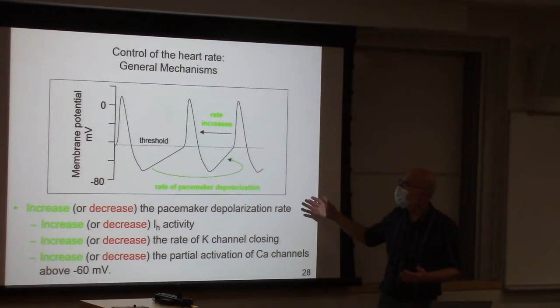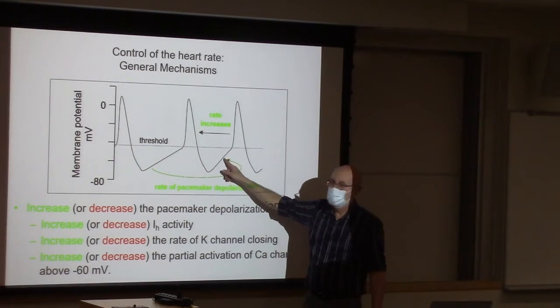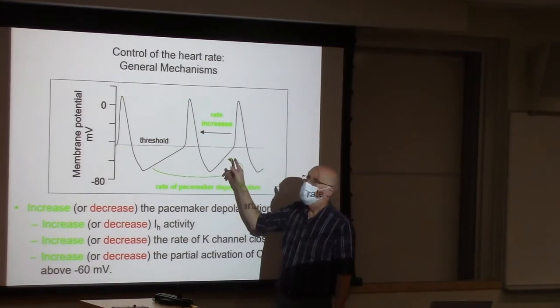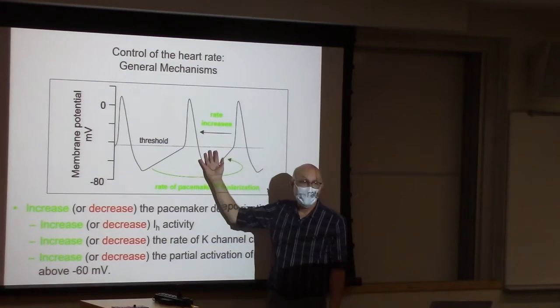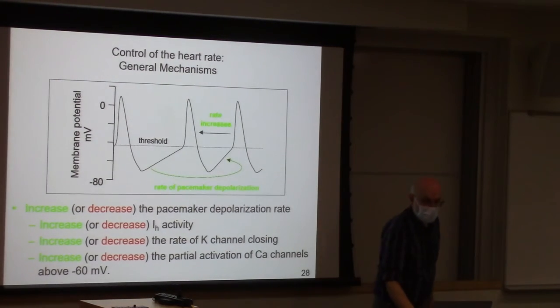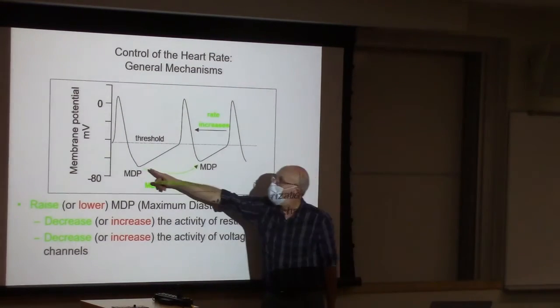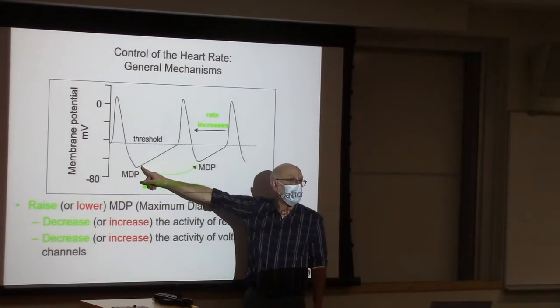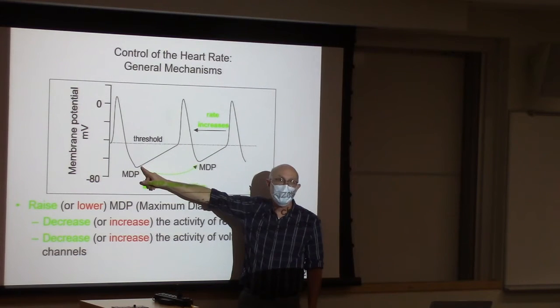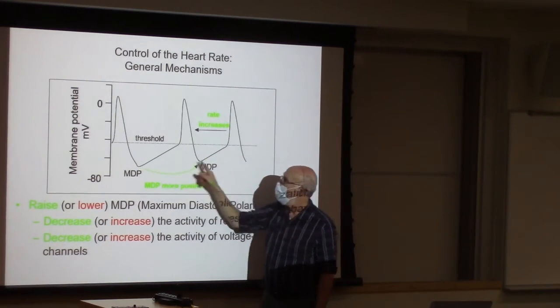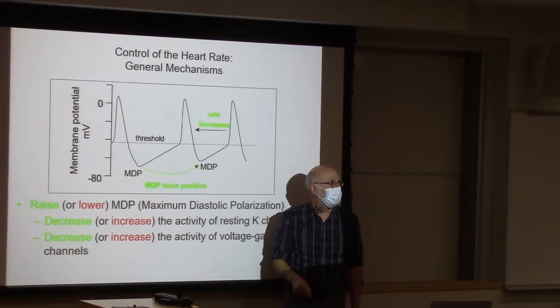Okay, so generic mechanism one, either increase or decrease the slow depolarization between beats. Generic mechanism two, make the membrane potential that it goes to between beats, the maximum polarization, more or less negative. How does this work?